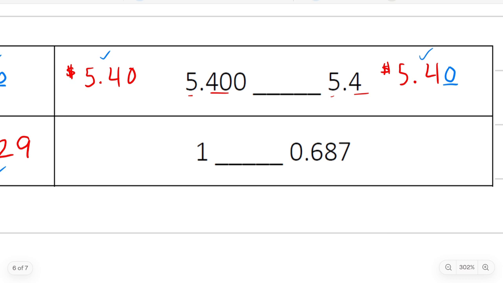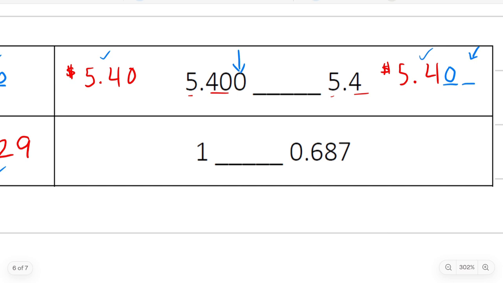Okay, so this is when you will look at your thousandths place just to see if the thousandth place does make a difference, okay? However, in this particular case, what I notice is that in my thousandth place on this side, I have a 0. And in my thousandth place on this side, and I'll write it over here because I think it's easier to see, I technically don't have nothing.